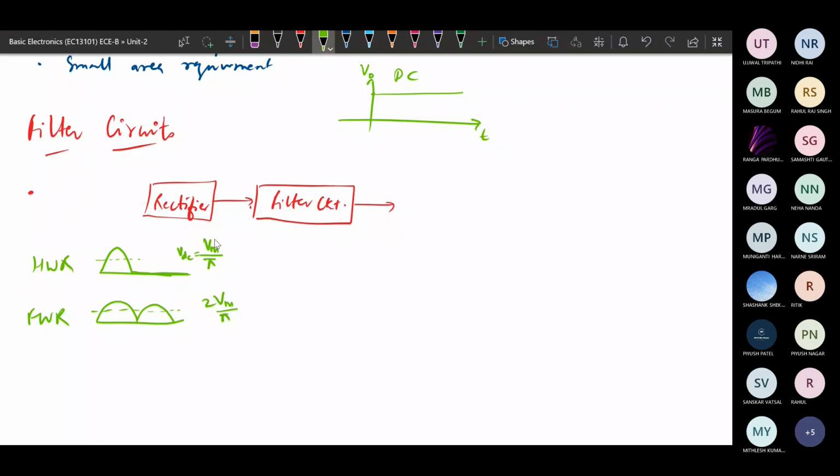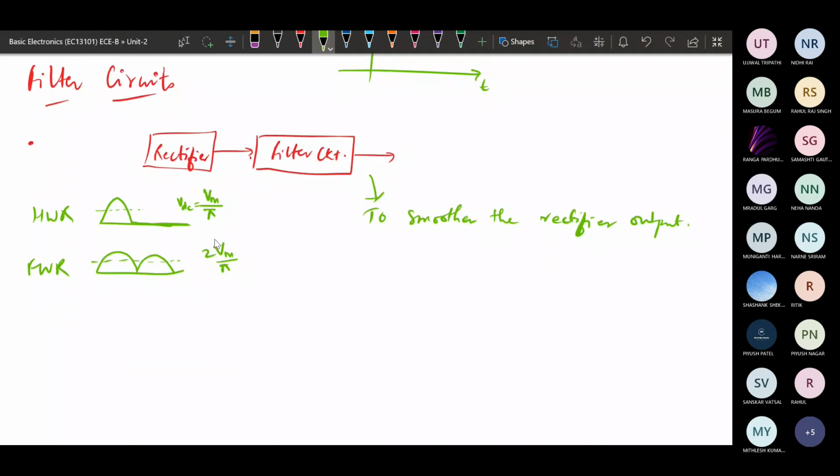The role of these filter circuits is to smoothen the rectifier output. Whatever output is there in the rectifier, suppose it is in the form of current, it has a component of DC value, along with that it has some AC value also.